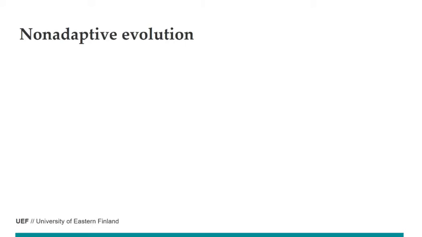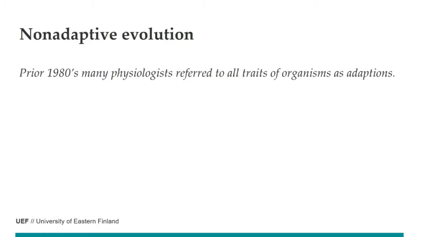In the 1970s, many physiologists still referred to all traits as adaptations. This animal looks like this, so it must be an adaptation, or it has these kinds of organs, that's adaptation. Or when comparing genetic code, these have more of this protein or this hormone, and they always said this is adaptation.